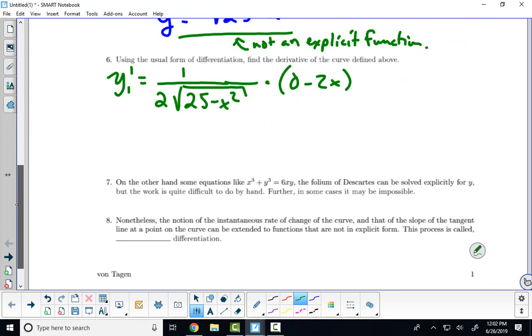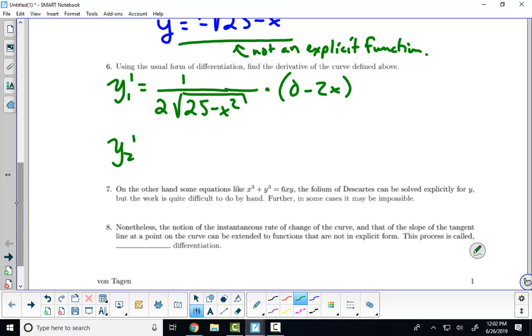And so then what is y2 prime? It would be positive 2x. Let's clean these up. This first one would give me a negative x in the numerator because the 2's cancel, so we'd have negative x over the square root of 25 minus x squared.